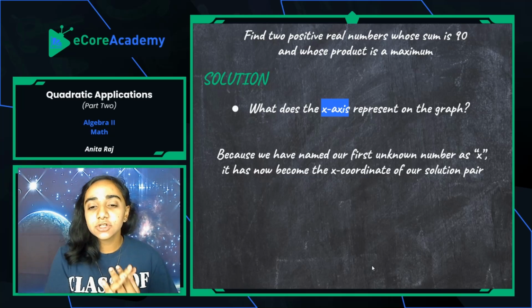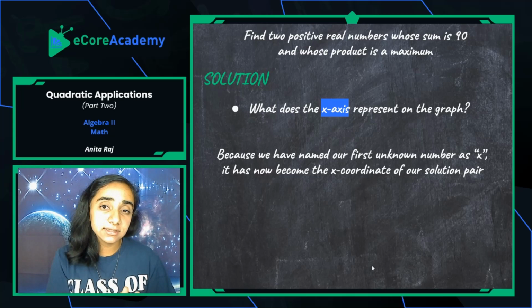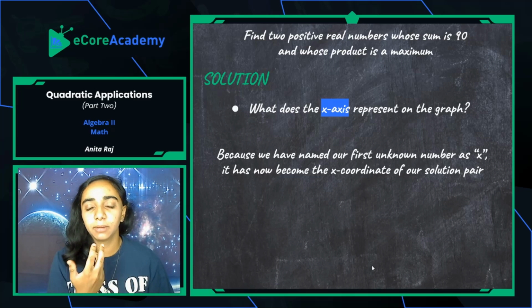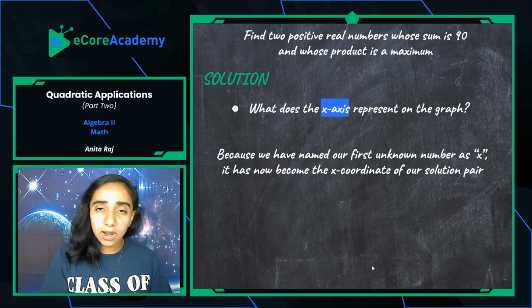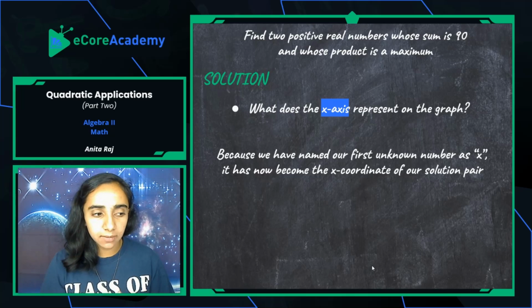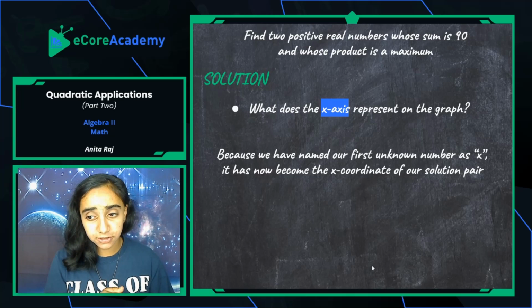So remember from the last slide, when we identified that variable x is equal to our first number, y is equal to our second number, 90 equals the sum, and p is the maximum product. Because we have named our first unknown number as x, it has now become the x-coordinate of our solution pair.